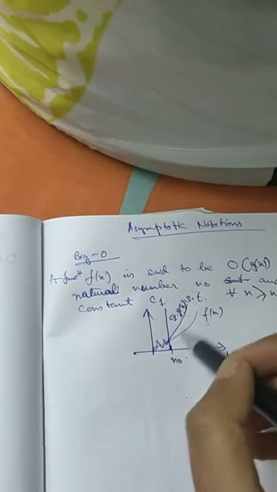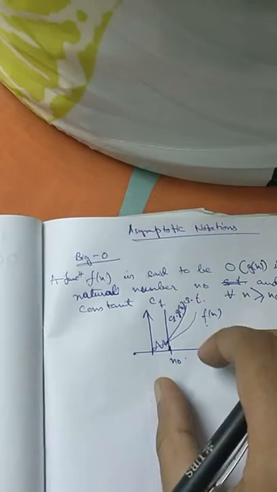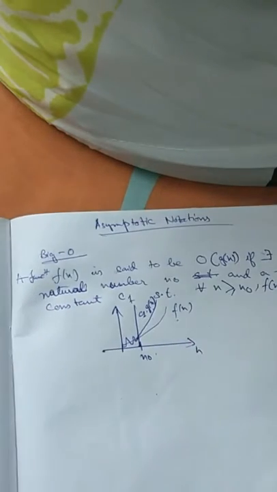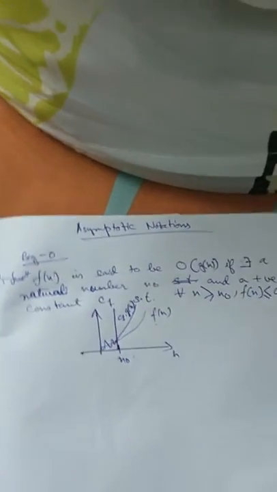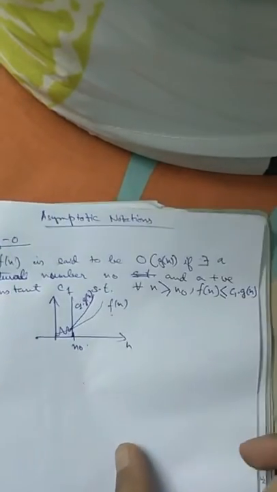So it's greater than f(n) beyond n naught. So this is what the big O notation is all about. Sorry in case you couldn't see, I think because of the camera.